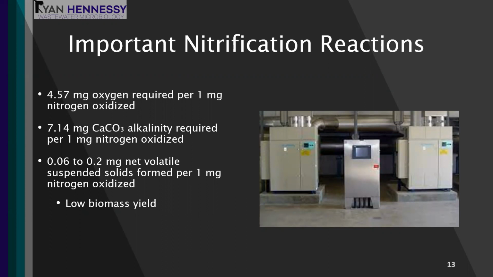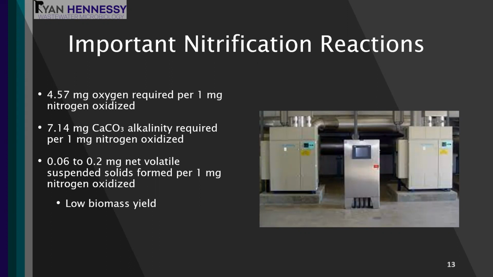So the alkalinity is the buffering capacity that's going to maintain our pH, and it's also the food for the nitrifiers. So we always want to make sure that alkalinity stays above 50 milligrams per liter as a very bare minimum, otherwise nitrification can be limited from available food for the nitrifiers, the autotrophic bacteria types.